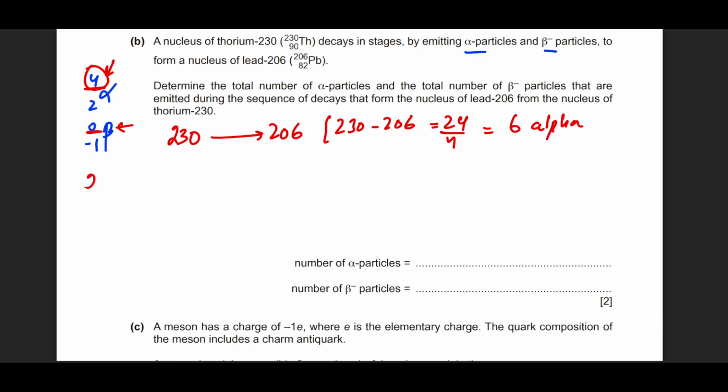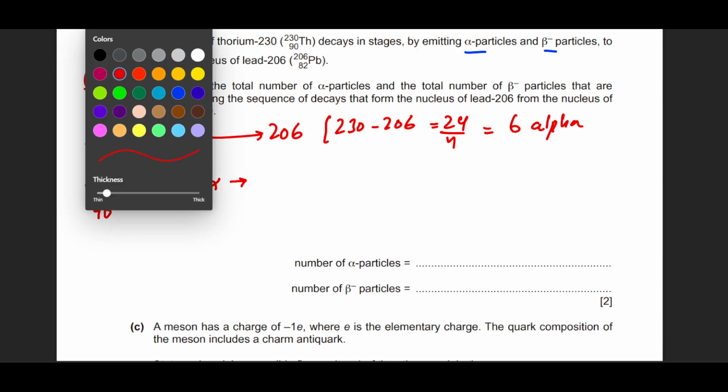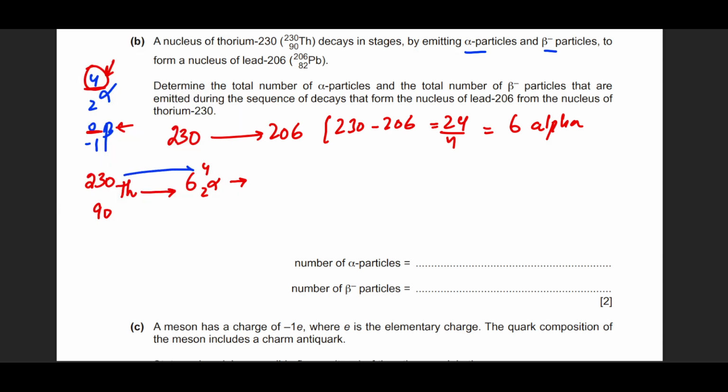So 230 of thorium, at 90, emits 6 alpha particles with 4-2. Then what are we left with? The upper number has already been calculated as 206. But what about the lower number? 6 multiplied by 2 is actually 12. So 90 minus 12 gives me an answer of 78.